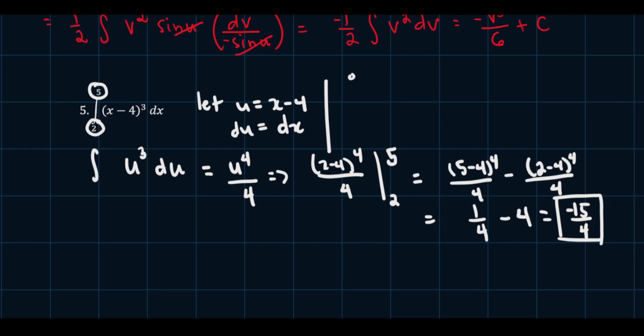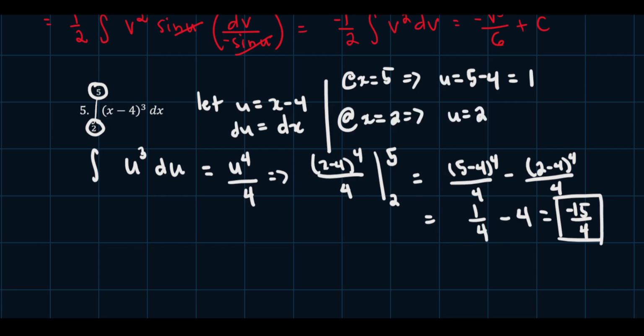Okay? So, at x equals 5, this would mean that u is equal to 5 minus 4, or u is equal to 1. At x equals 2, this would mean that u is equal to 2 minus 4, or negative 2. So, our definite integral will be transformed into the definite integral from negative 2 to 1 of u cubed du.